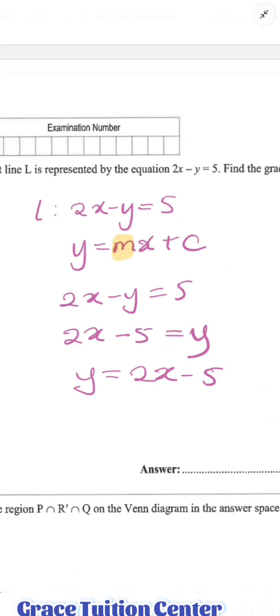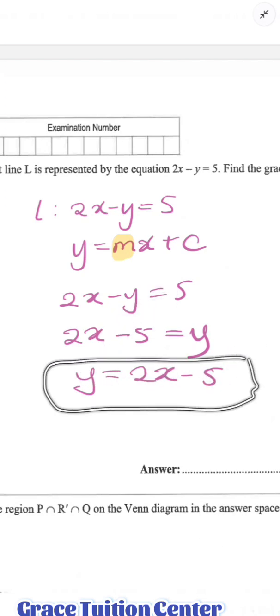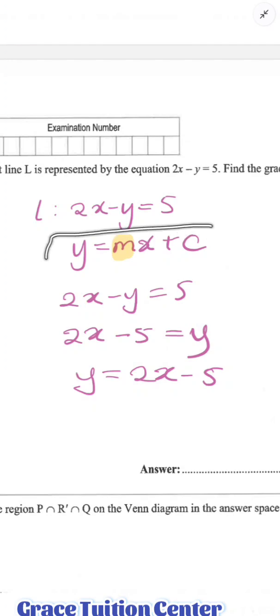If you compare this expression to y equals mx plus c, you're going to notice that where there's m here is where the 2 is here. Remember, m is representing the gradient.